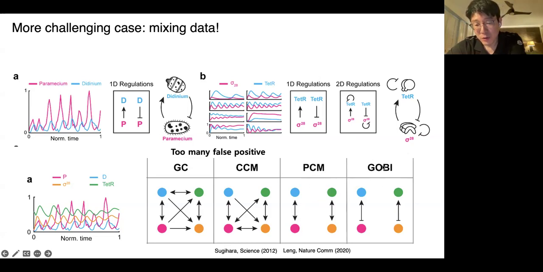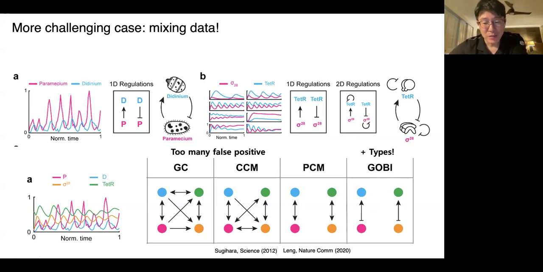And you can see that GOBI also successfully inferred the two independent regulatory networks, but GOBI provided further information over PCM. Previous causation detection methods can only tell whether there is some causation or not, but GOBI can tell whether it is a positive regulation or a negative regulation.